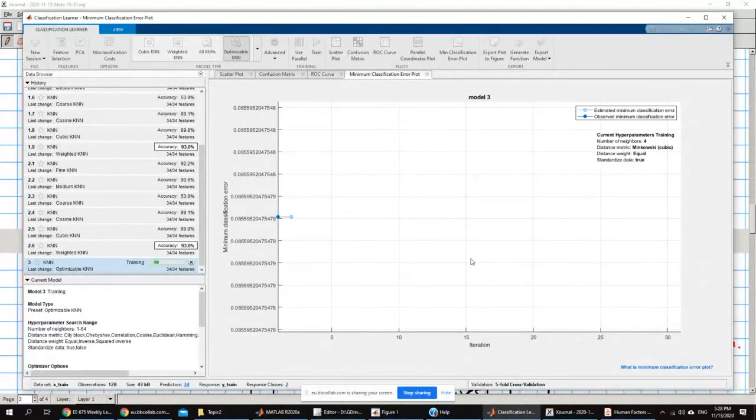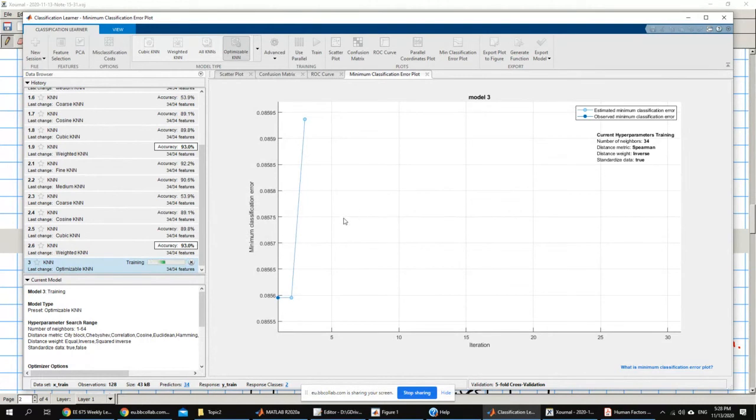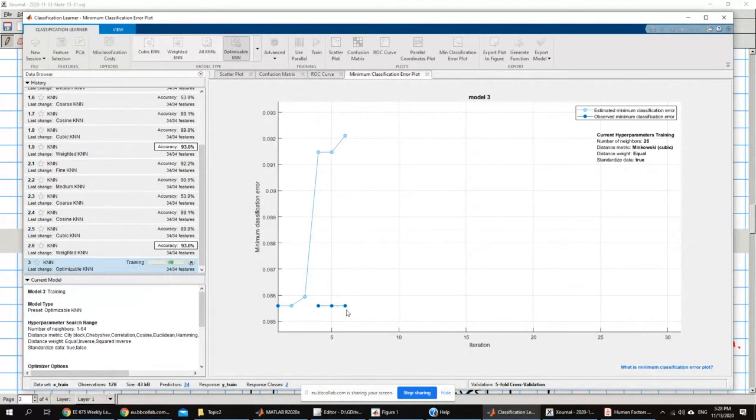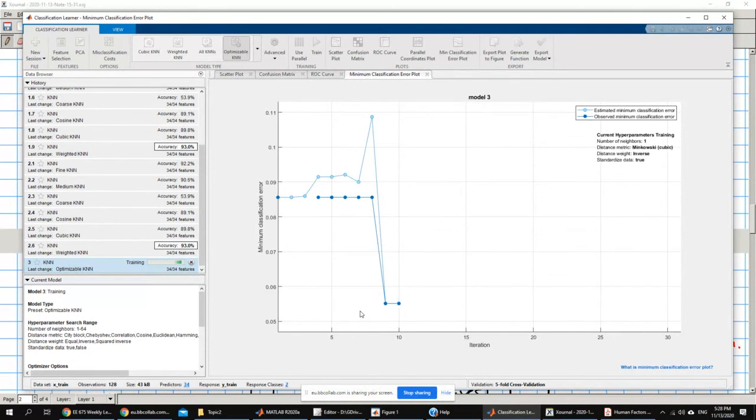And this here will draw the minimum classification error. You will see that for different selections, the curve goes up and down, but the minimum is still here. Let's see how much it gets after this optimization, as it goes through all the options now, okay?